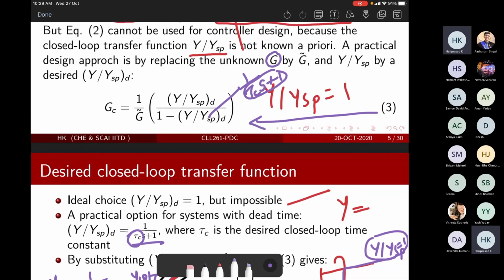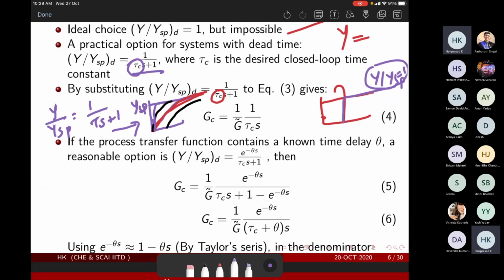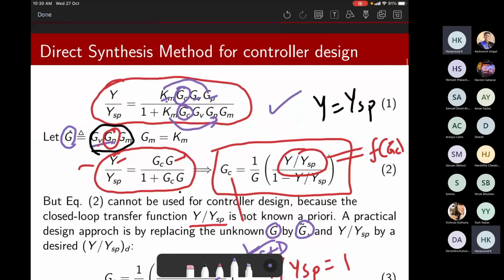Okay, and if you don't know g properly, you can put g tilde. So what is g tilde? It is an approximate value, because you are multiplying gp here, right? So technically you won't get gp exactly. It would be an approximate value. How do you get gp? Either somebody should tell you, otherwise you do a step test, or you would do something else.